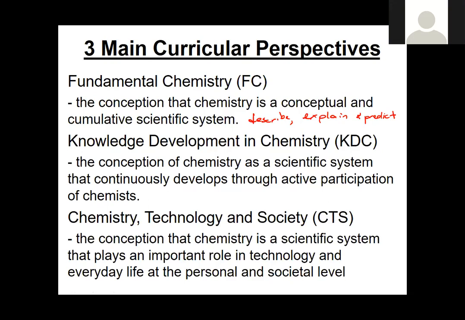Learning chemistry concepts and processes that are relevant to understanding socio-scientific issues and contexts. Now, these curricular perspectives can act both as a filter and frames for the big ideas that we're going to talk about today.